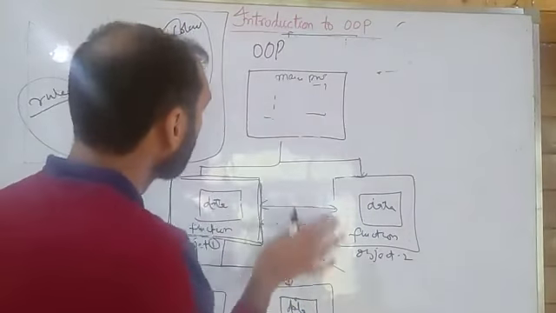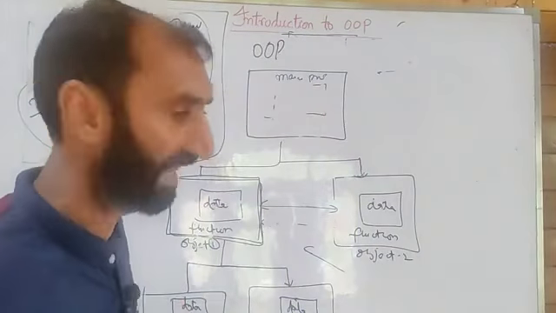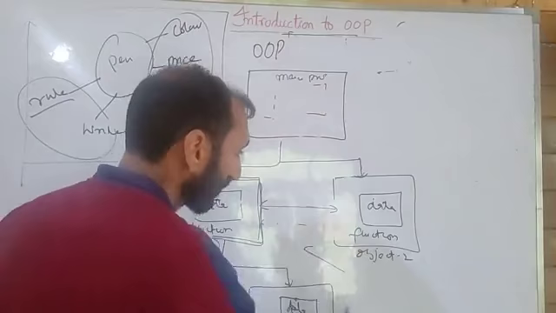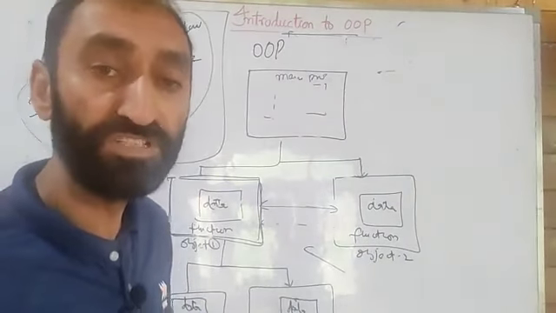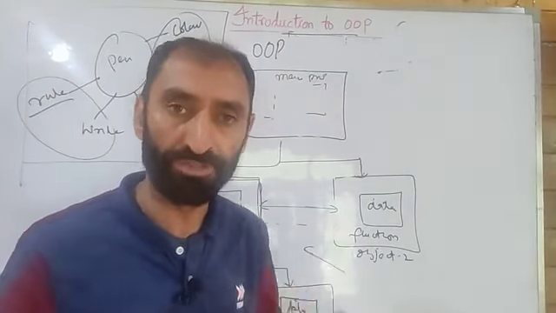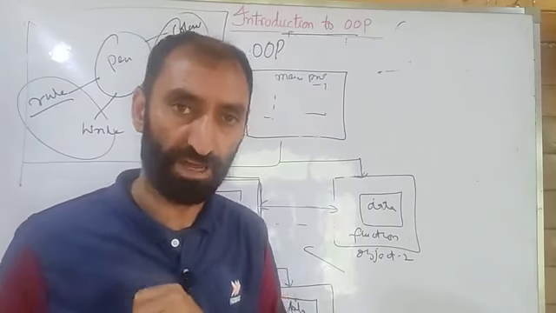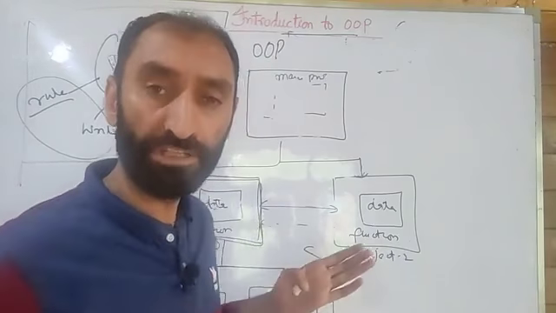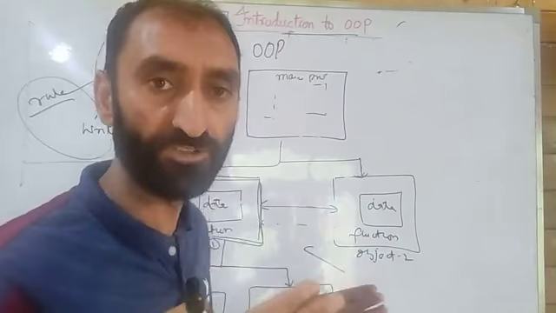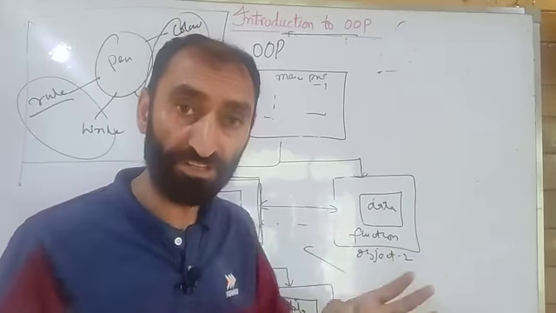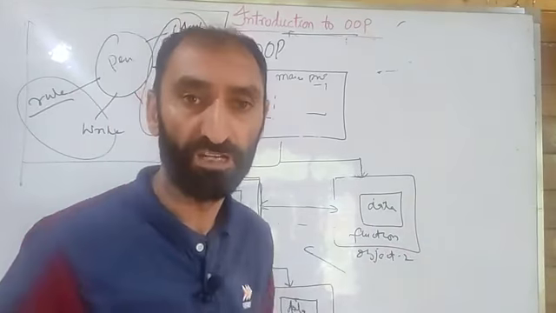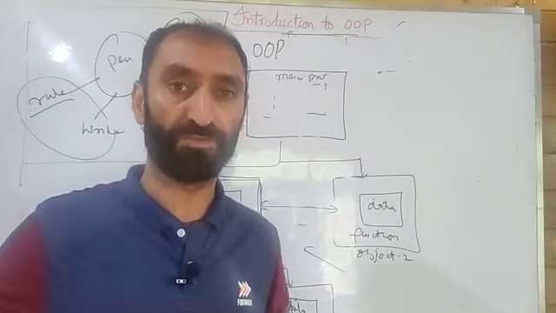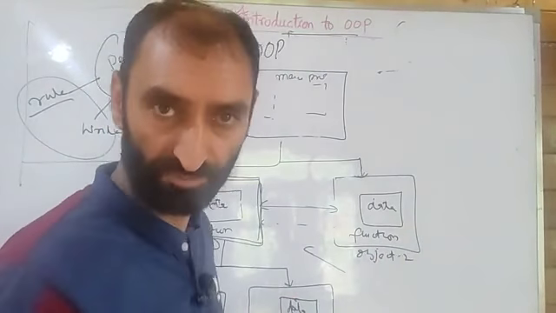That is the main advantage of object oriented programming, and in this way it provides security to our data, which is one of the most important features of this methodology. We can say object oriented programming came into existence because of security, as it protects our data by using data hiding and encapsulation, which we will discuss in coming videos.